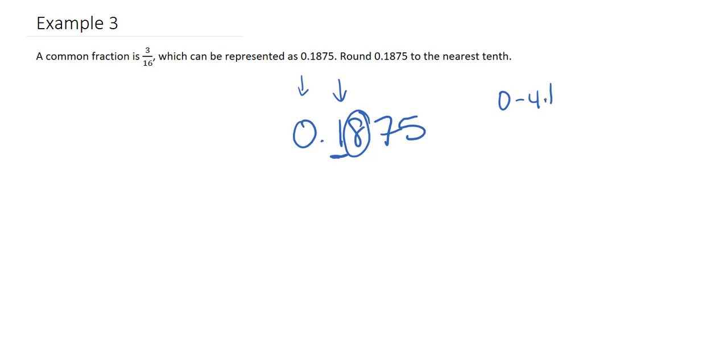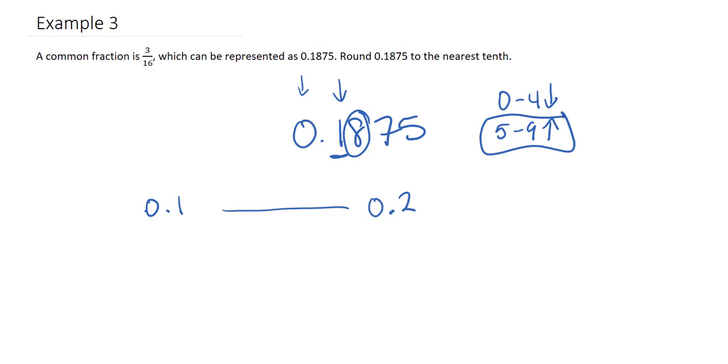0 to 4, we round down. 5 to 9, we round up. What we're doing is looking at this number and saying, is it closer to 0.1 on a number line, or is it closer to 0.2? We're trying to determine if we round down or round up. This 8 is between 5 to 9, so we're going to round up.